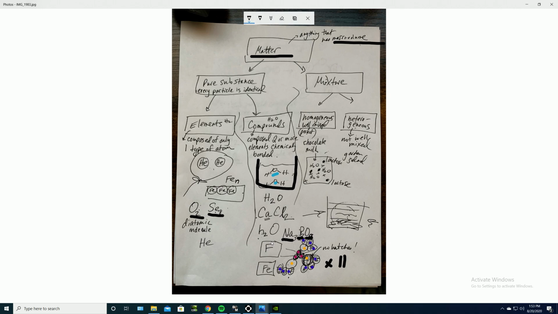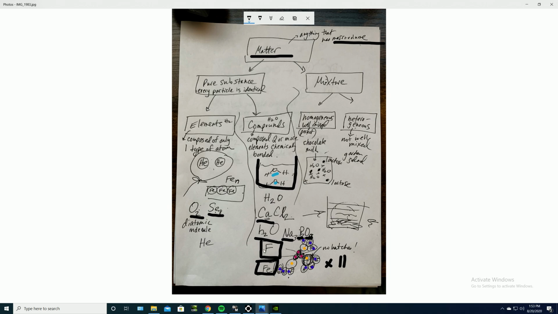Let's quickly go over how to correctly write element names. If you're writing an element name, you need to have the first letter capitalized and the second lowercase. There are many different ways you can mess it up, right? If you have just F versus Fe, if you wrote a lowercase f, that could potentially stand for something else, because capital F stands for fluorine, and lowercase f could be a different element's second letter.